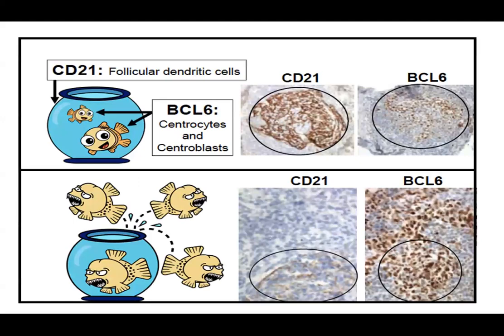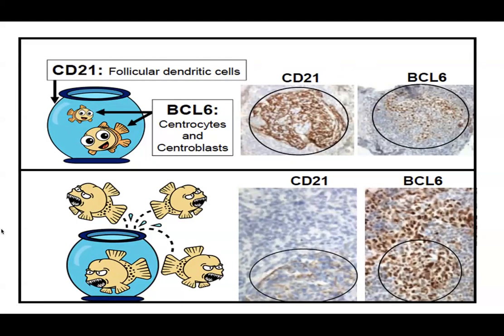So this cartoon was shown to me in fellowship, and these slides were actually adapted from our fellowship lecture at the Cleveland Clinic. I always remember this fishbowl analogy, which is very helpful. Imagine that the CD21 is the fishbowl. That marks follicular dendritic cells. The BCL6 marks centrocytes and centroblasts. In reactive lymphoid hyperplasia, you can see that the BCL6 is pretty well contained within the CD21 area.